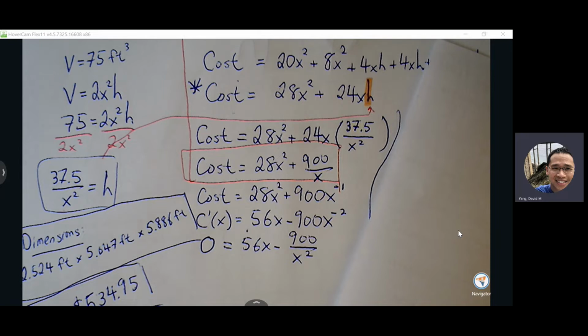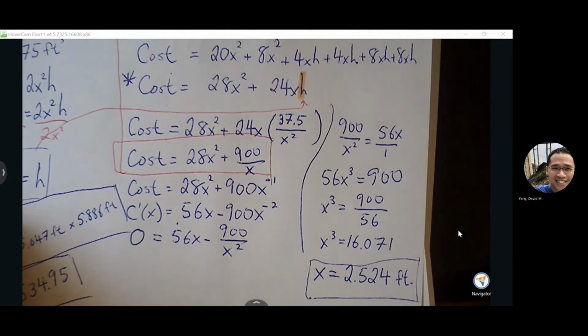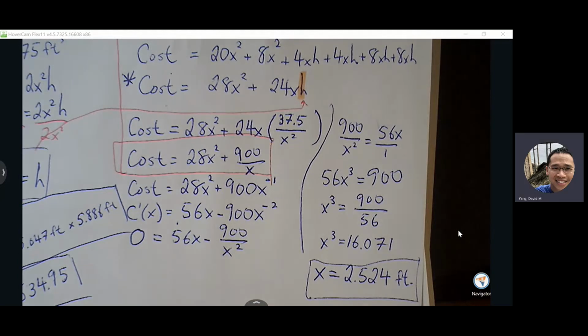We set the expressions equal to each other. Cross multiply. Divide by 56. Take the cube root. Solve for x. And once you solve for x, the problem says find the dimensions and find the cost.